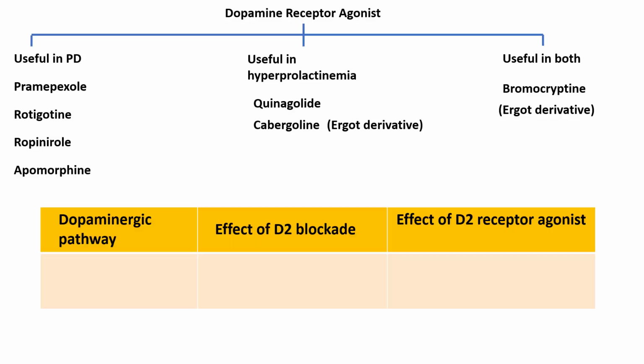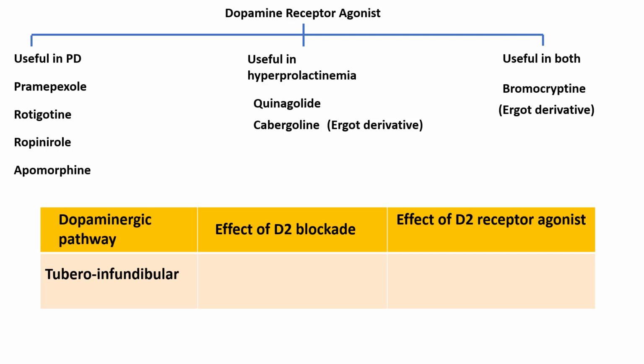Now let's move on to the D2 receptor agonists. We saw how D2 receptor agonists were classified. Among the many dopaminergic pathways that exist in the brain, there is a dopaminergic pathway called the tuberoinfundibular pathway.